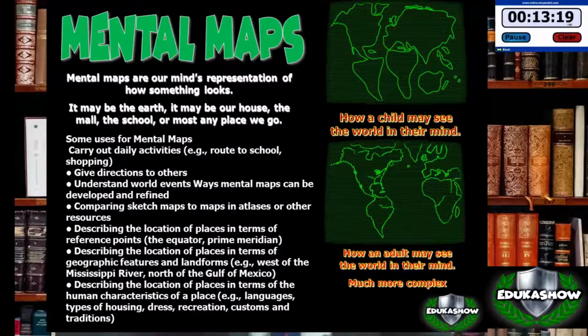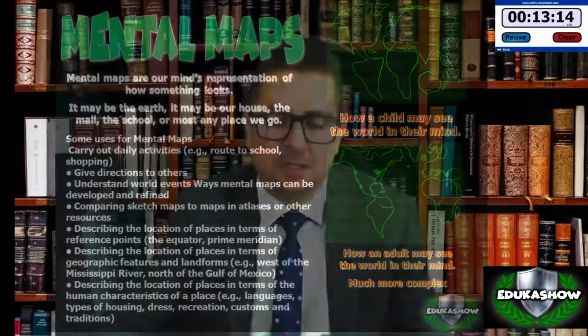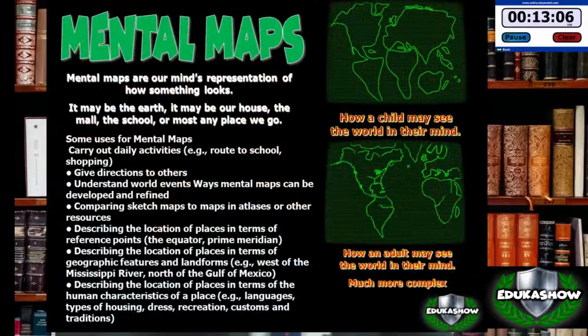Of course, if you compare those, the adult mental map is much more complex because there are a lot more details. However, they both fulfill the objective of portraying mentally, in this particular case, the world or the continents, right? So look at that for a moment.